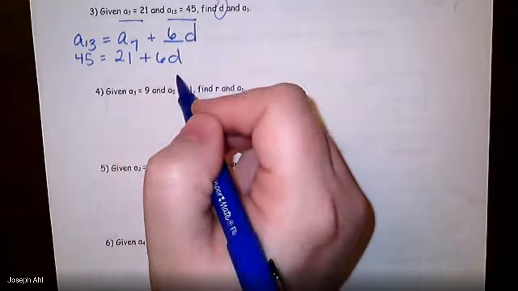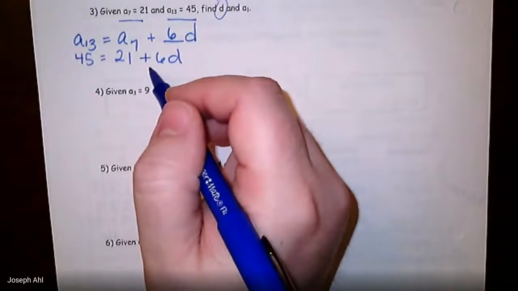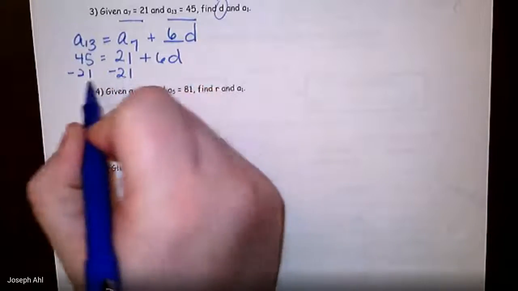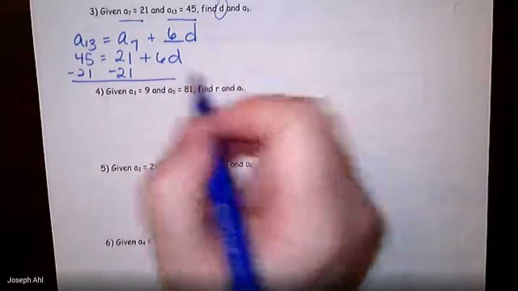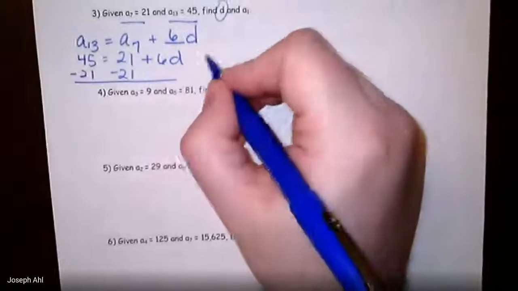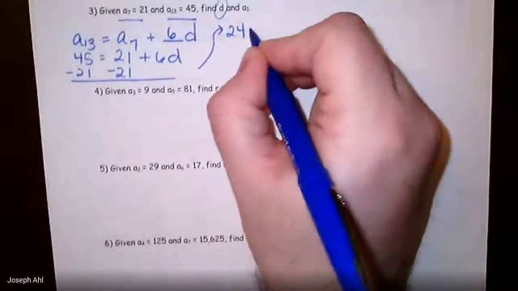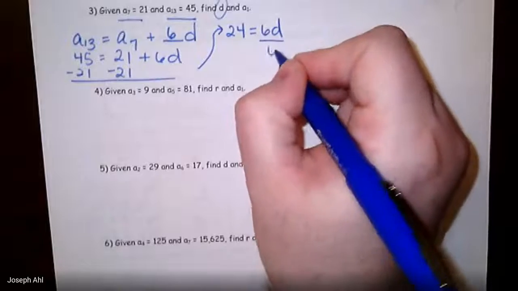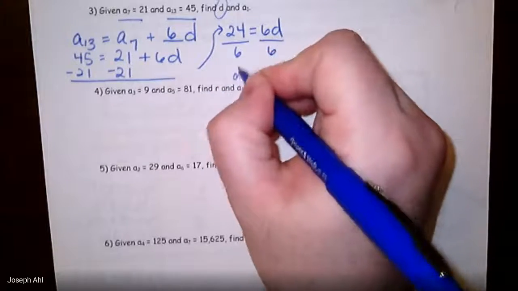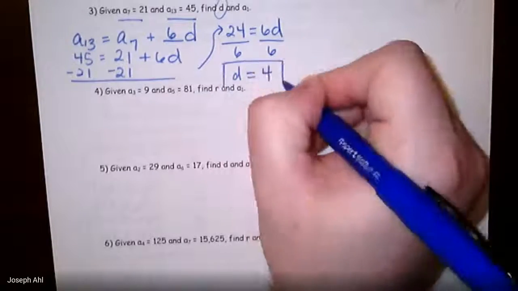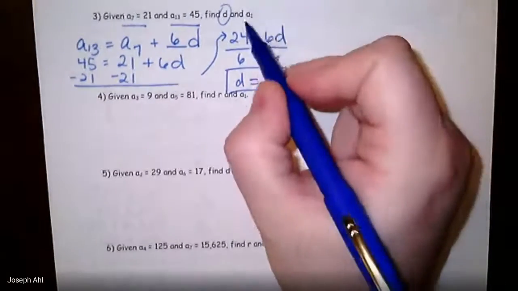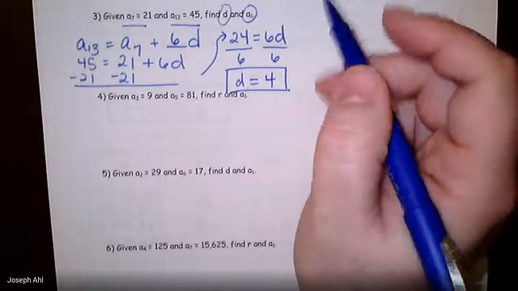Just remember that the solve for an arithmetic sequence looks pretty different than solving for a geometric sequence. In this case, you're going to subtract 21 from both sides. So 45 minus 21 is 24 equals 6D. And then to solve for D, you're going to divide by 6 and get that the value of D is 4. Knowing that the common difference is 4, I now want to figure out what was the first term of the sequence. What's A1?